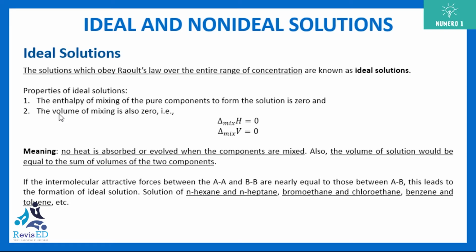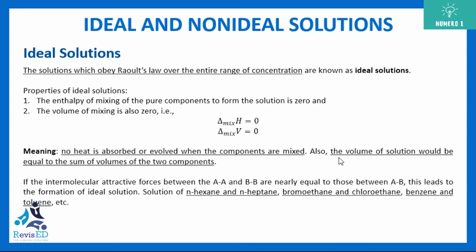The volume of mixing is also 0, that means the change in volume, delta V mix, is also 0. The meaning of this is that no heat is absorbed or evolved when the components are mixed.